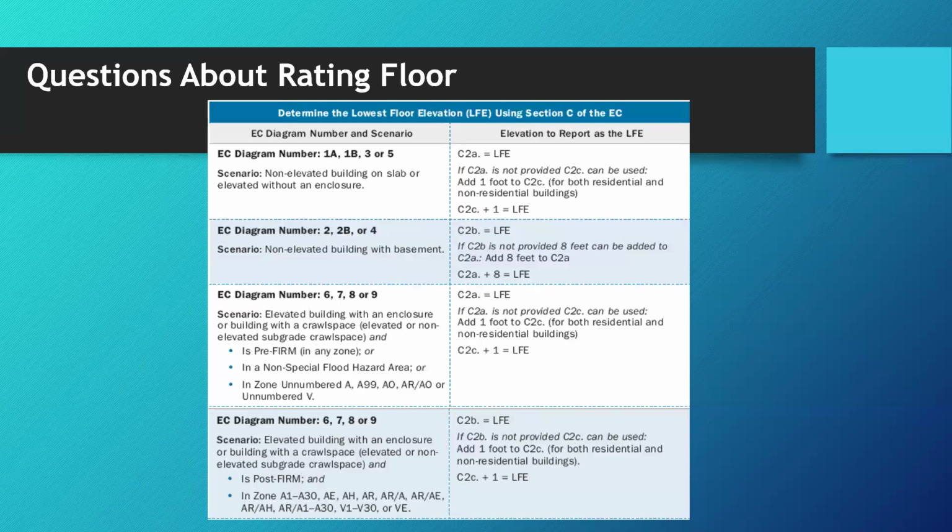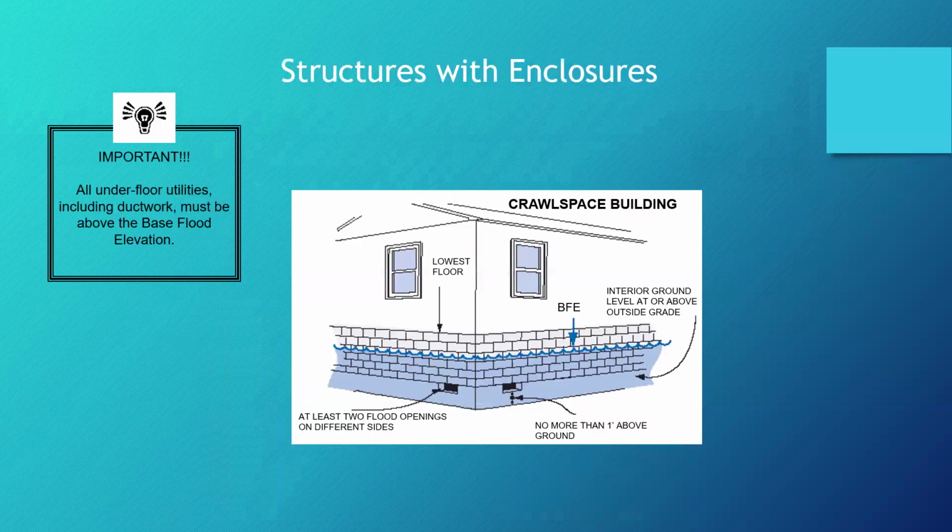So like C2B is the next higher floor, the lowest floor elevation, which you can use for a basement building, C2A plus 8. So probably not going to come up very much, but I just thought I would put it in here since you do have these guides on insurance.